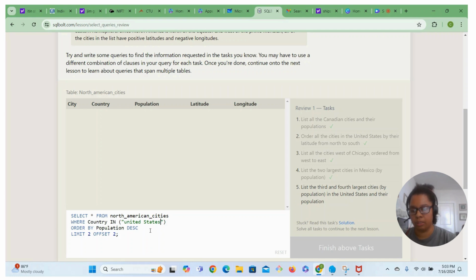Oh, okay. I am spelling something wrong here. Limit 2 offset 2, order by population.